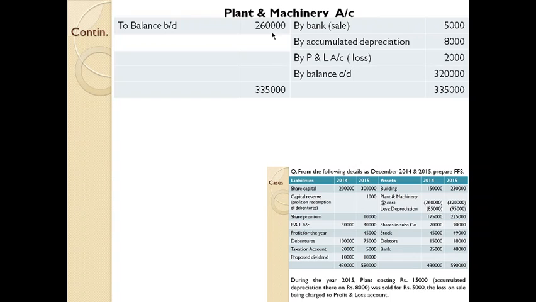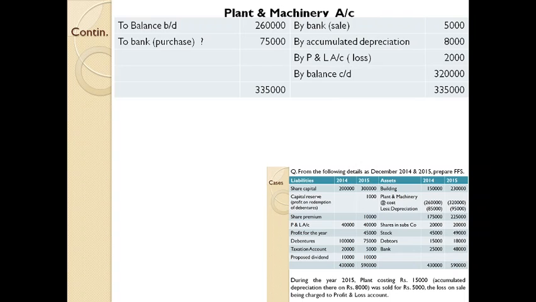So it is quite natural. There is a difference amount and it has to be considered as cash or bank, depending upon the detail given in the question. In the balance sheet, if cash balance is given, you can write cash. Since bank is given, we are writing bank. And in the bracket, you are writing purchase because it is a purchase case. And we have dealt with the same cases previously.